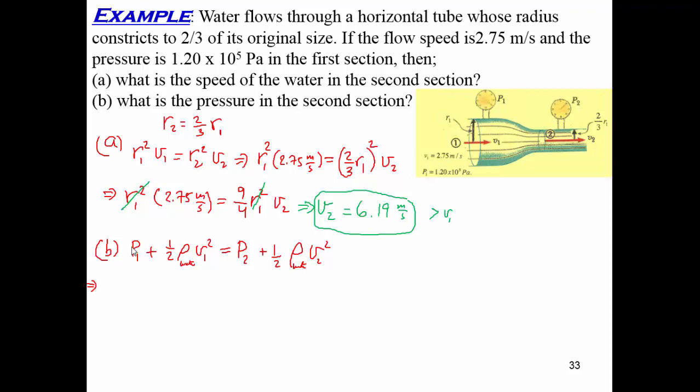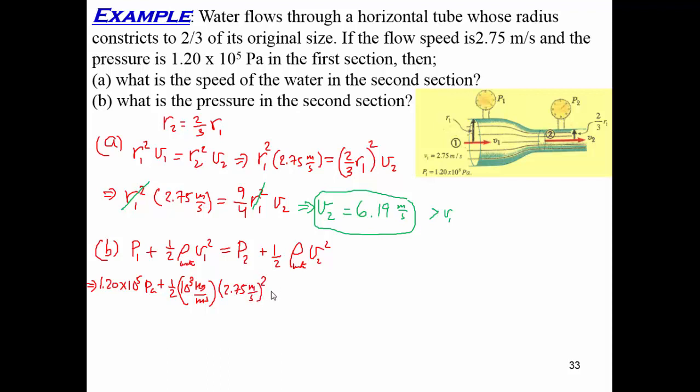P1, the pressure in the first section of the pipe, is 1.20 times 10 to the power 5 Pascal, plus 1/2 the density of water, which is 10 to the power 3 kilograms per cubic meter, times the speed of the fluid squared, that's 2.75 meters per second, all squared.